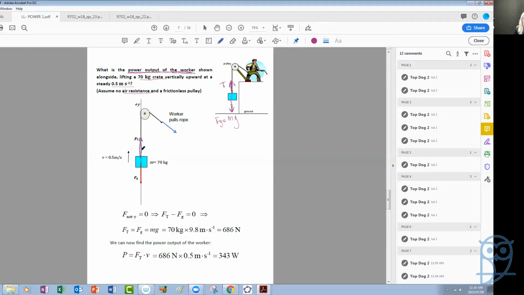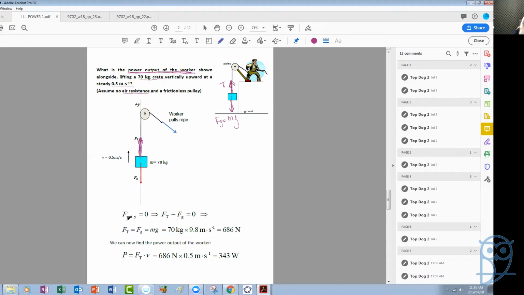So this force is exerted by the rope on the crate, but this force is because this guy is pulling the rope through the pulley. So the force that he exerts is actually equal to the tension force. So if we find this tension force, that's perfect. We are going to find the power output produced by this force, the tension. So, okay, what do we need to do now?